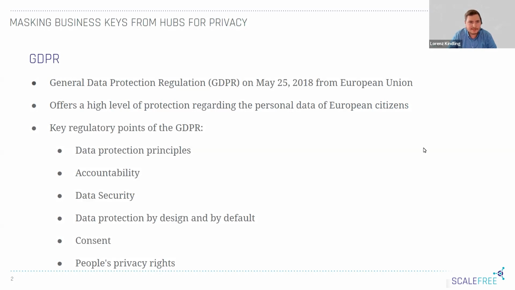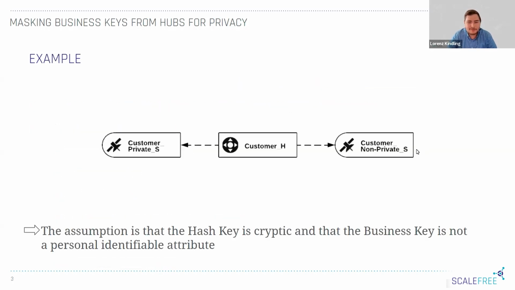To deal with this in Data Vault, we have a really simple concept. Most of you probably know in Data Vault we have the hub with the business keys, and then satellites with the describing attributes. So in this case, we are talking about the customer, and in the satellites we have data that describes the customer, for example, name, address, and so on.